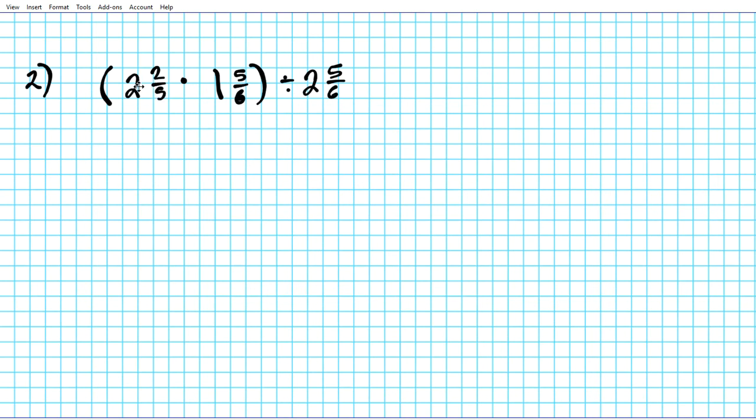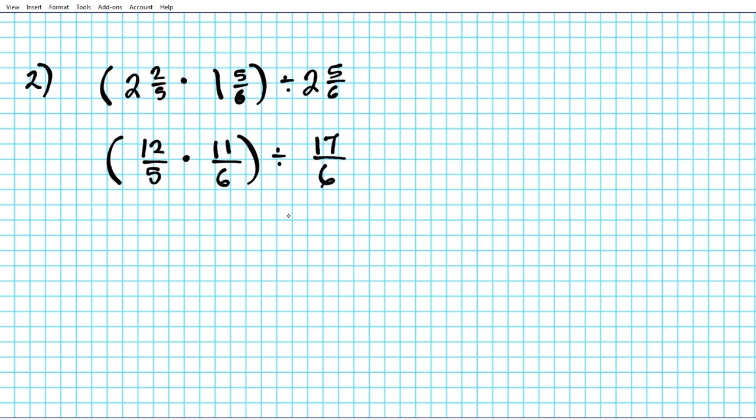Let's start with 2 and 2/5, following the same procedure we talked about earlier. We multiply 5 times 2, which is 10, plus 2, 12 over 5, times 6 times 1, which is 6, plus 5, that's 11 over 6, divided by, convert this to an improper fraction also. 6 times 2 is 12 plus 5 is 17 over 6.